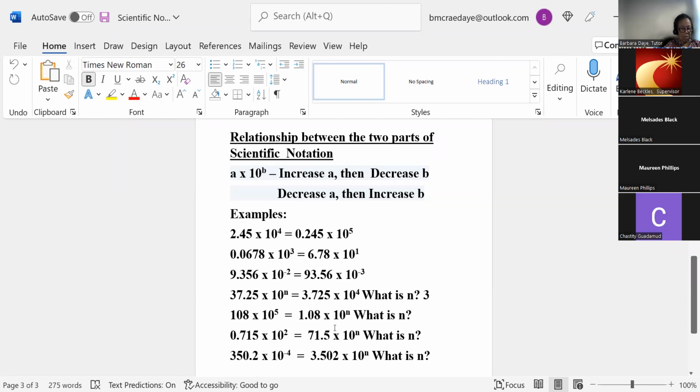Increase the power, decrease the number. And you could check this out. 10 to the third is 10 times 10 times 10. That's 1,000, right? 37,250 and 3.725 is 3.725 times 10 times 10 is 100 times 10, 1,000, 10,000.